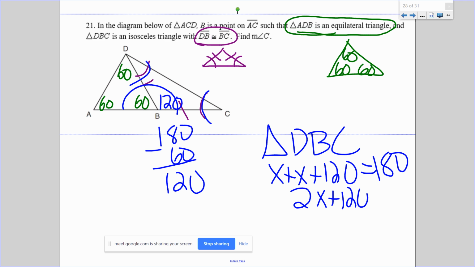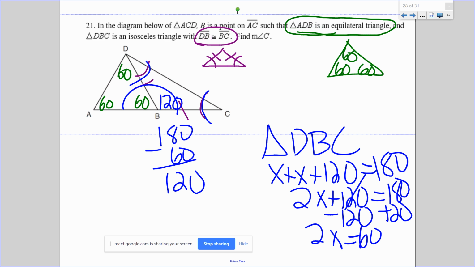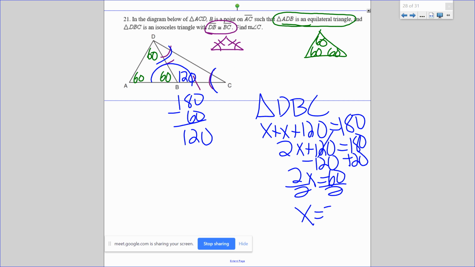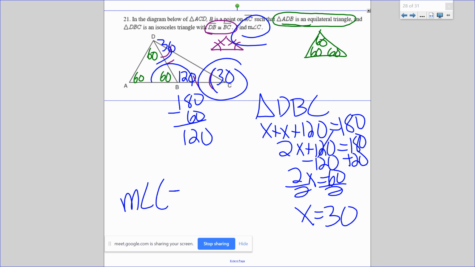I do the algebra, because, you know, algebra's cool. 2x equals 60. X is 30. So that's 30. That's 30. Angle C is 30.